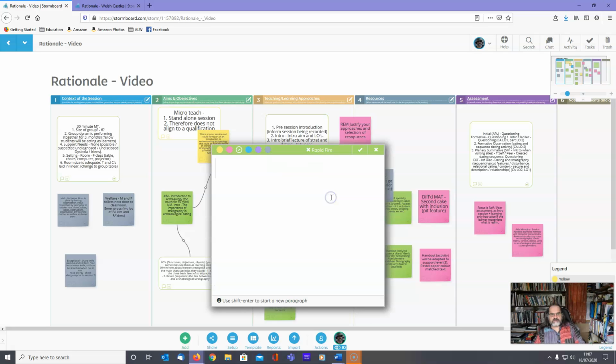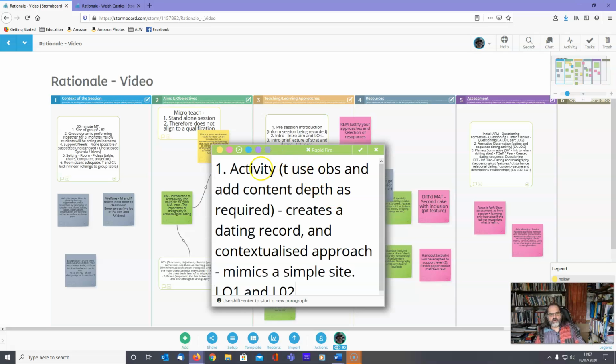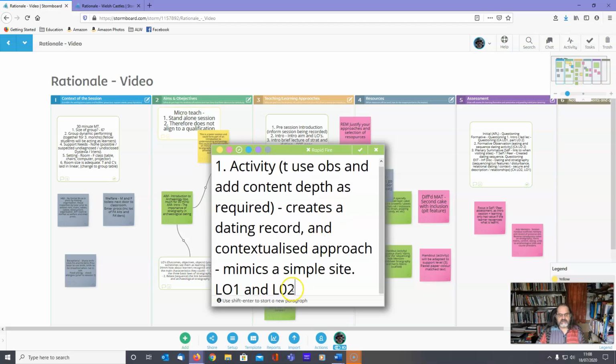So I've expanded those out. Activity 1, tutor use. In the activity, when they're doing the cake, the tutor uses observations and adds content as required, creates a dating record and contextualized approach, so it mimics a simple site. It links to learning outcomes 1 and 2.